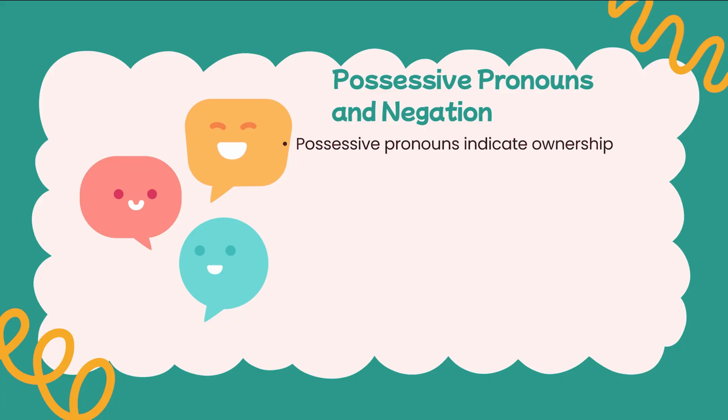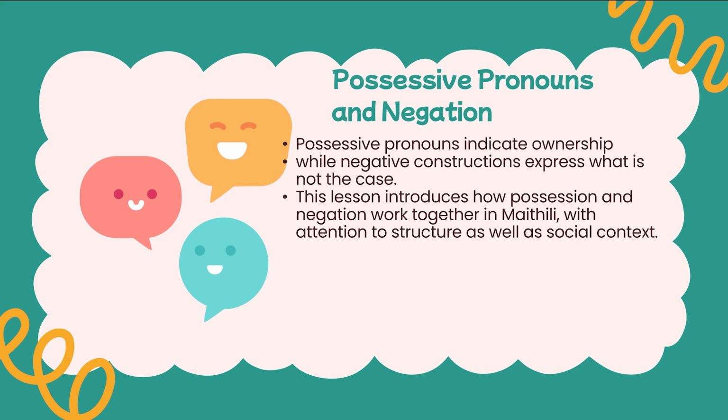Possessive pronouns basically indicate ownership, while negative constructions express what is not the case or what is being negated. This lesson introduces how possession and negation work together in Maithili, with attention to structure as well as social context.